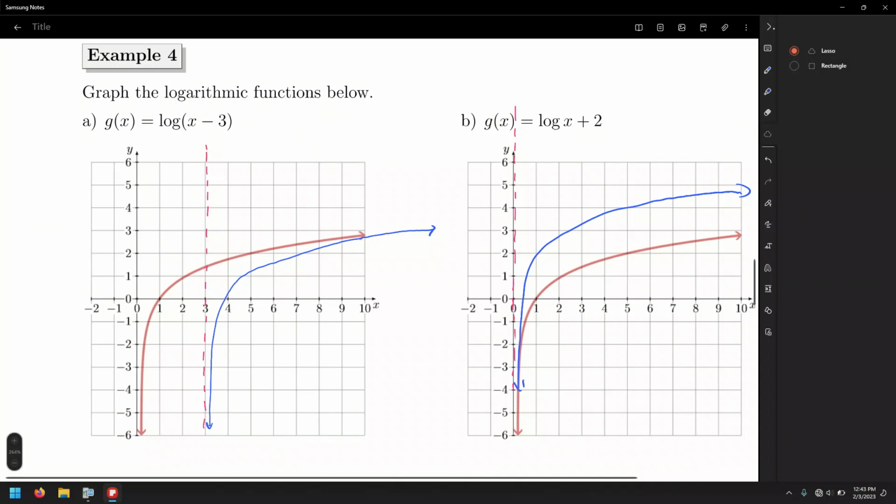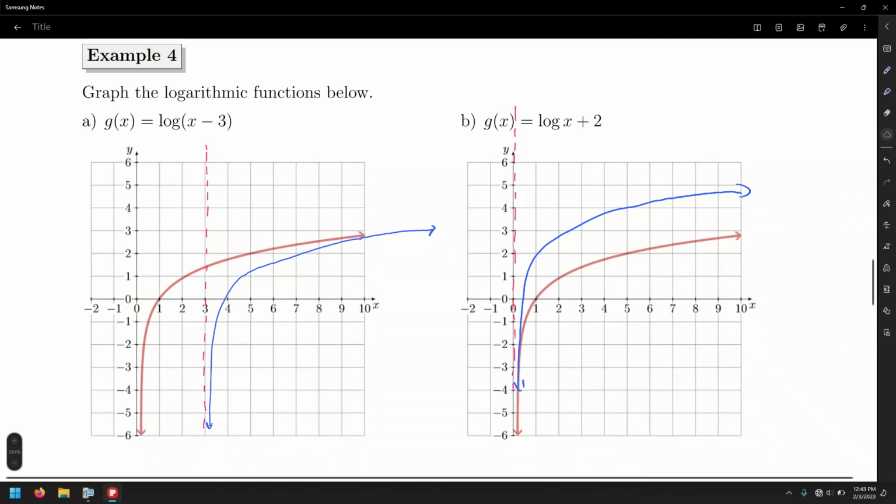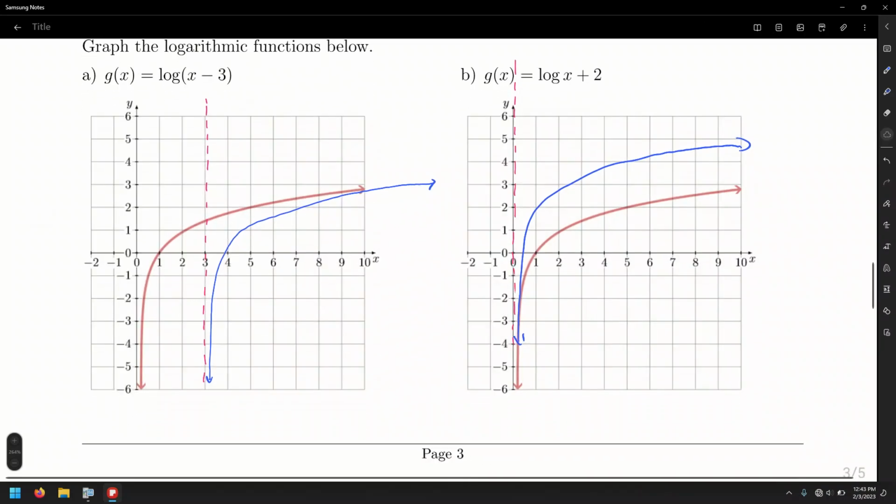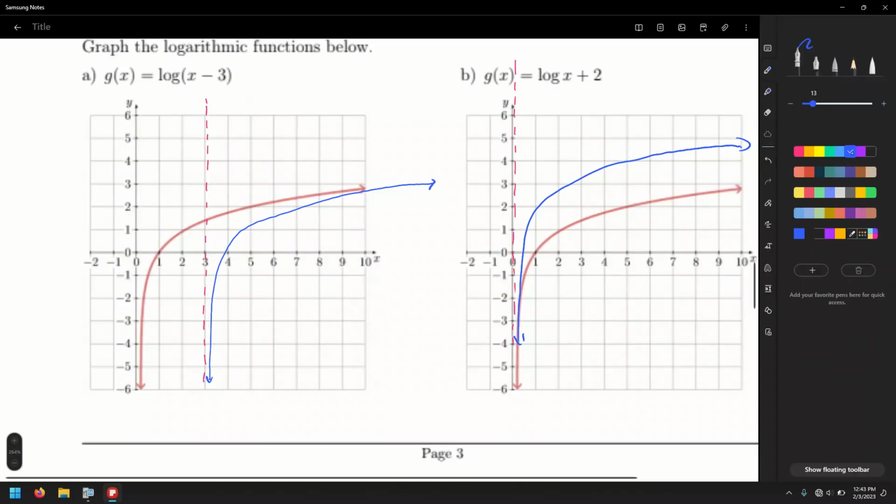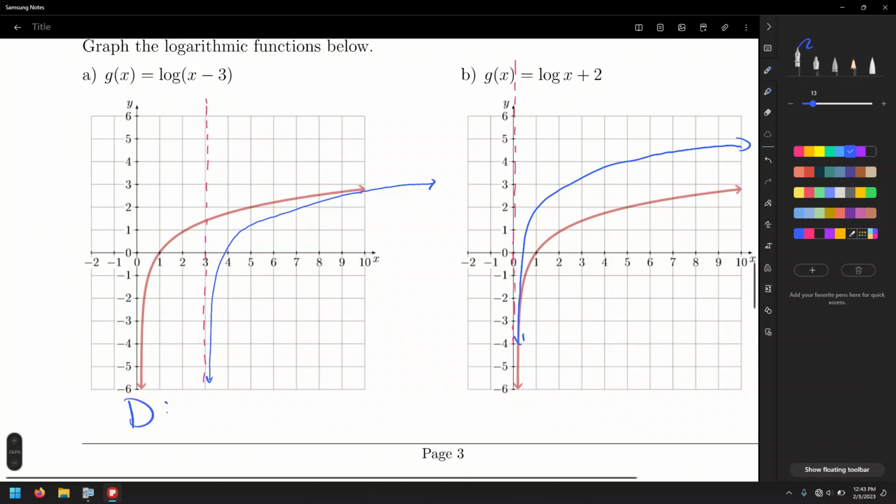Well, how about we find the domain and the range of these functions? Well, number 1, the domain, which is the OK inputs. In this case, we can set the argument greater than 0 as an inequality. Or we can just look at the graph and see how we have a vertical asymptote at x equals 3, and we have points on the graph to the right, so we can simply say domain equal, it's actually positive 3, not negative 3, 3 to infinity.